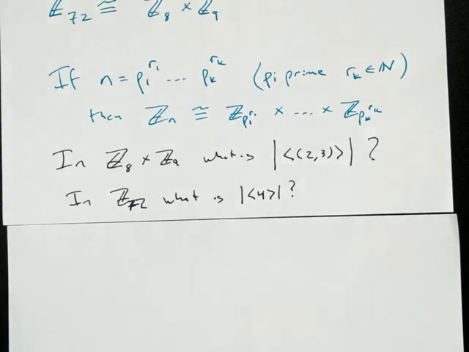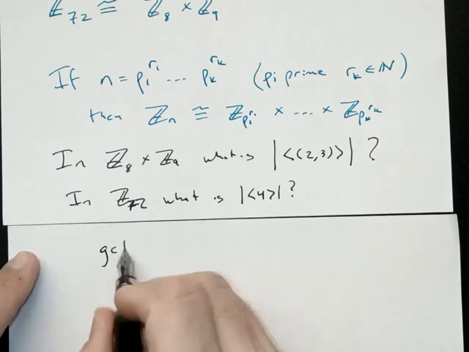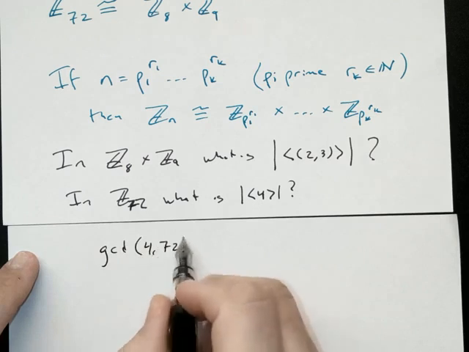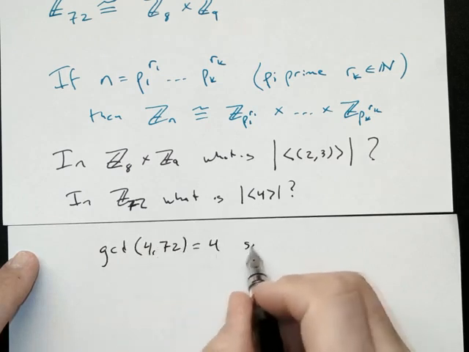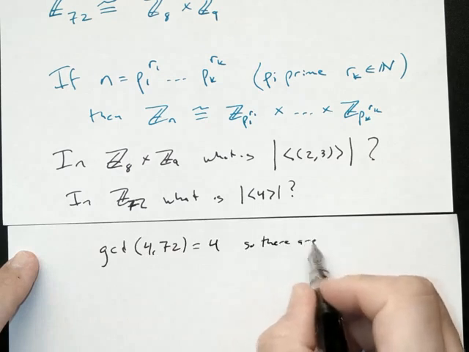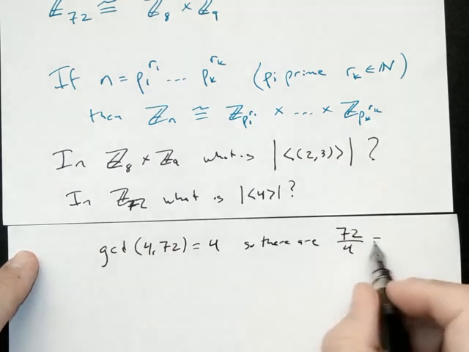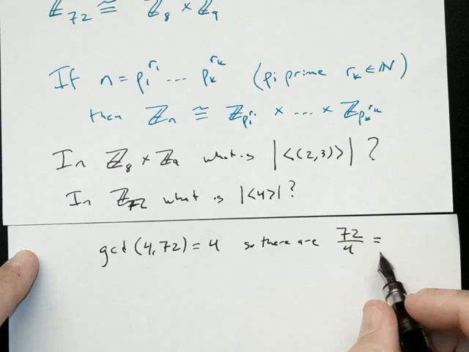Just 72 and 4. Because we look at the subgroup generated by 4, right? The greatest common divisor of 4 and 72 is 4. So I look at 72 divided by 4, and that's how many elements there are. 72 over 4: 18?